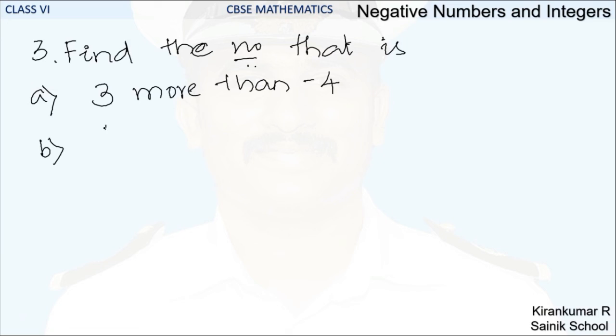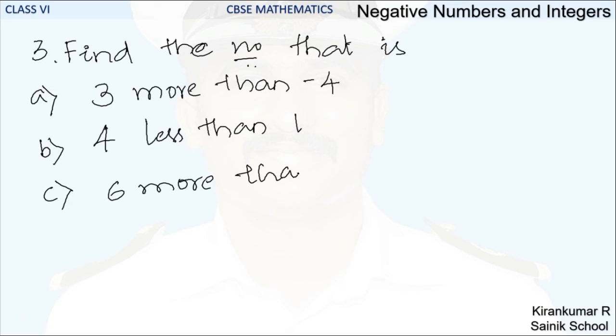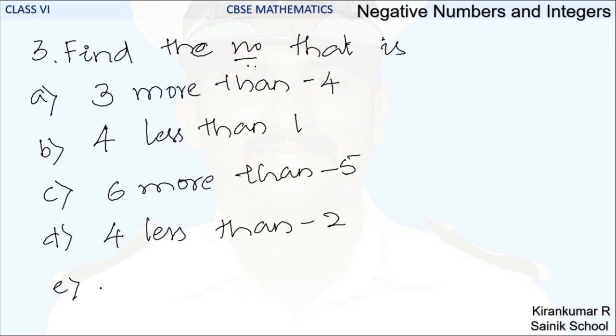Second one, 4 less than +1. Third one, 6 more than -5. Fourth one, 4 less than -2. And the last, fifth one, 7 more than -2.